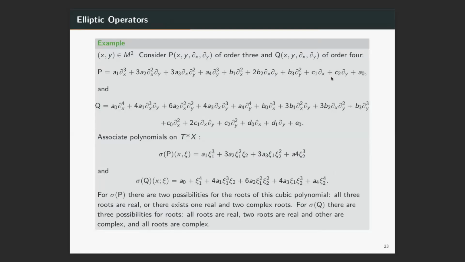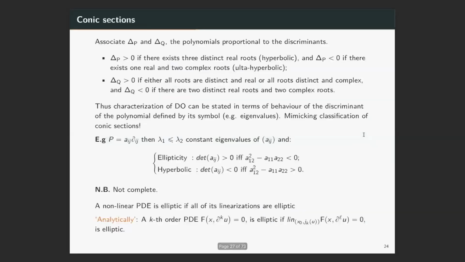Here I've just written, in 2 dimensions, order 3 and order 4. You associate polynomials to these. These are the symbols. And then you probe their behavior by how the roots of these polynomials look. So this is just algebraic geometry. You look at the discriminants of these polynomials, and you can classify them.